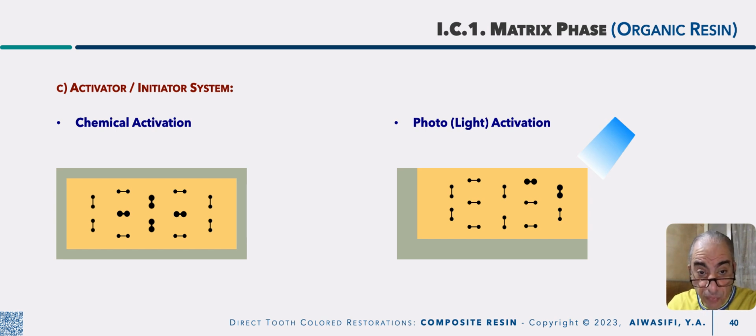Also we could benefit from the direction of light by bringing the light from the same direction as the cavity walls, so that shrinkage is directed towards the wall rather than away from it, which will be discussed under the terminology of guided polymerization. This is what photo initiated and chemically initiated mean.